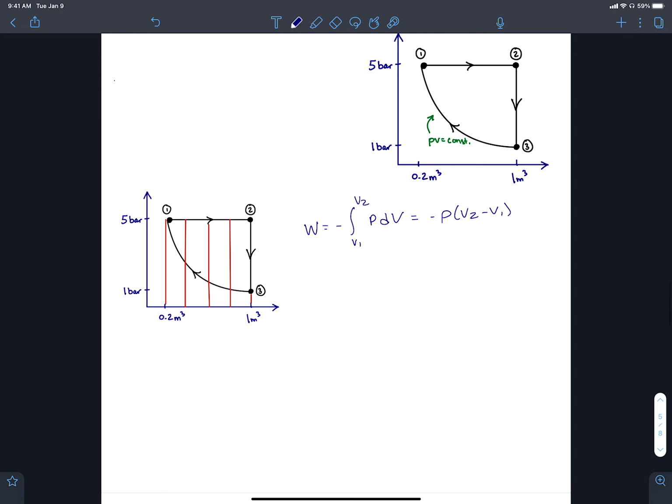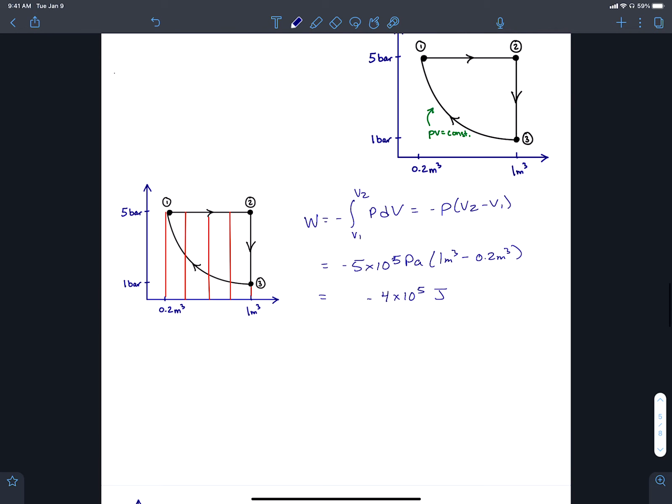So we can plug it in: negative 5 times 10 to the 5th Pascal times (1 meter cubed minus 0.2 meters cubed), and this equals negative 4 times 10 to the 5th joules.